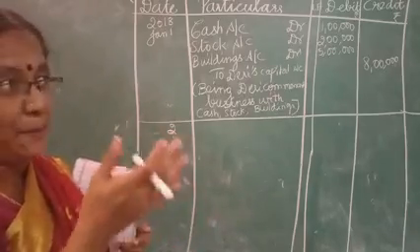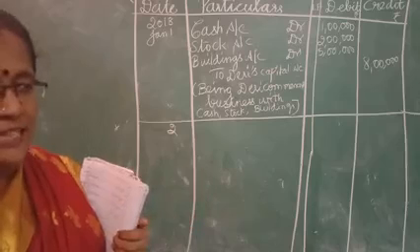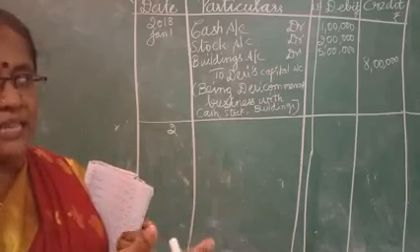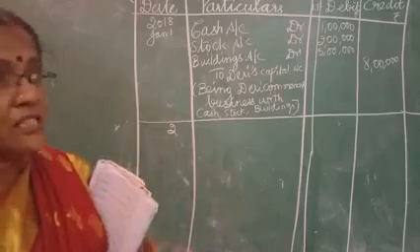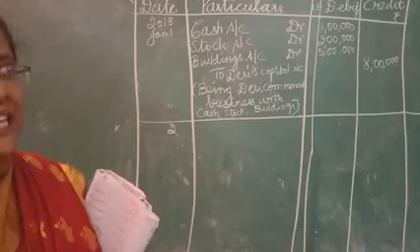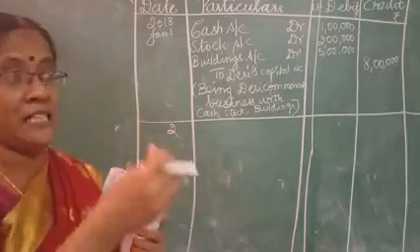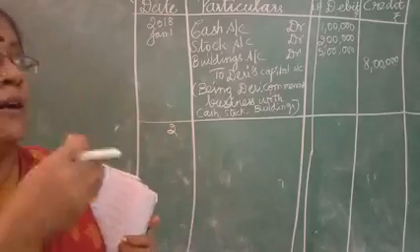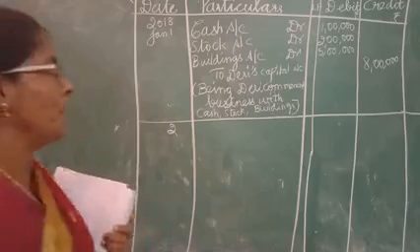If we get the benefit and it is exhausted immediately, that is a nominal account. We are purchasing goods and immediately going to sell them. If the benefit can be enjoyed in future, it will come as a real account.